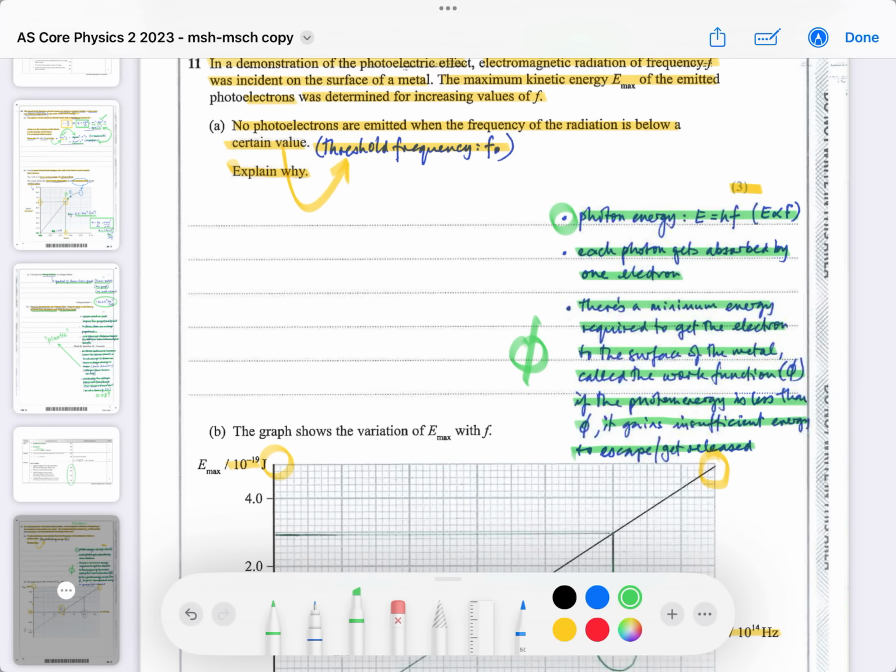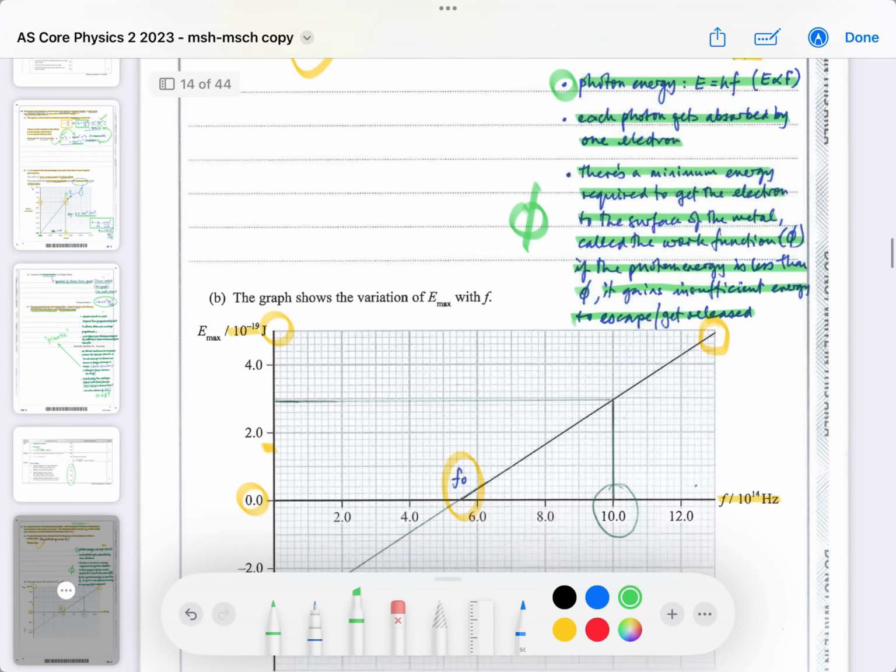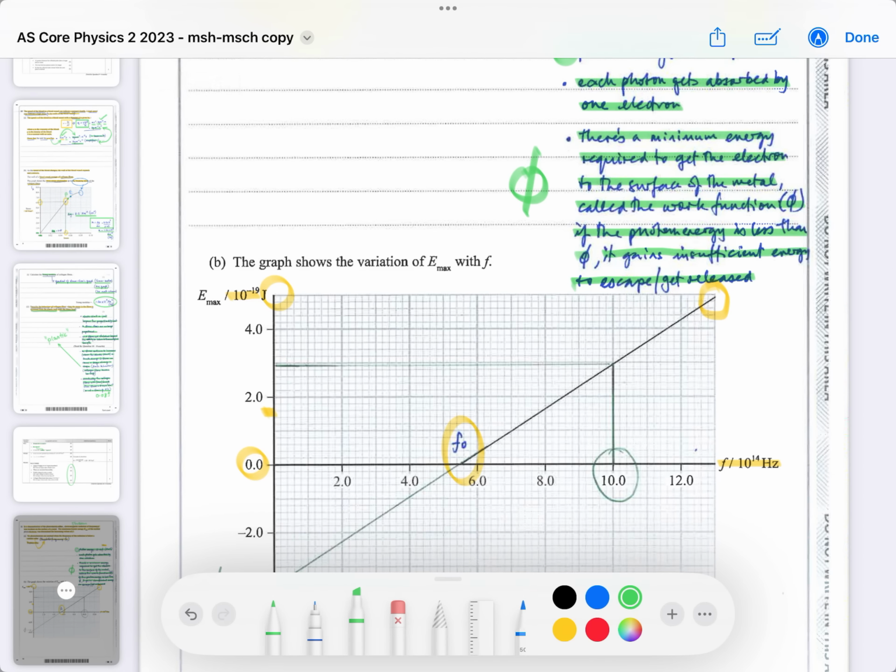metal. Okay? And there on the graph, there's where it crosses the x-axis. So if it's any frequency to the left of this value here, which is 5 point something on the frequency, 10 to the 14 hertz, anything below 5 point something will not release the electrons, okay?